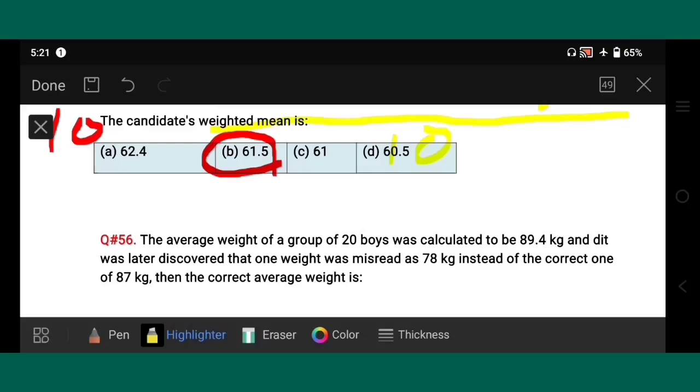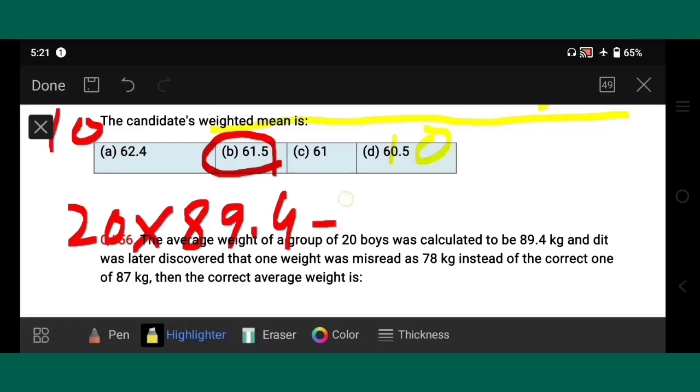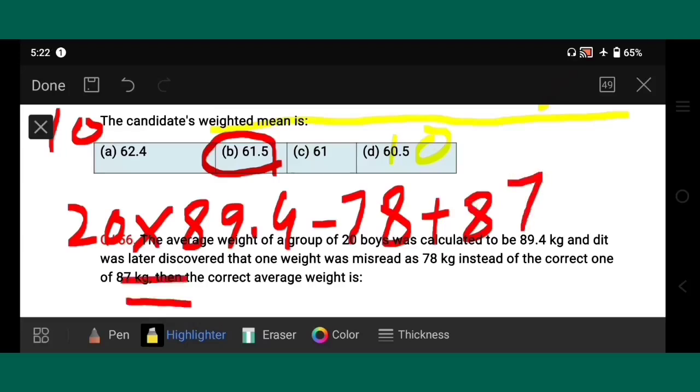So for this we are going to find the sum. So sum is equal to 20 times 89.4. Just like we misread 78 kg, means in the previous calculation we used 78 but the actual value is 87. So this calculation gives 1797 kg.